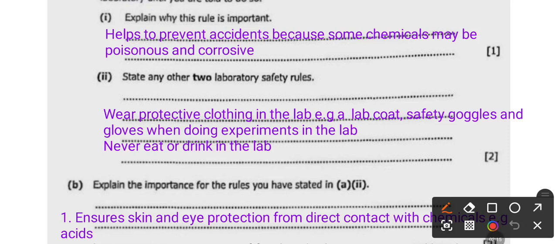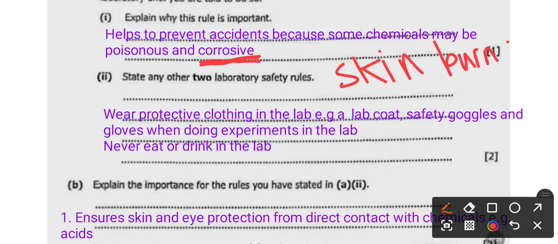Remember, I said that chemicals such as acids are corrosive in nature, and because they are corrosive, they can cause hazardous effects such as skin burns. However, if you wear protective clothing whilst performing your experiments in the laboratory, you are prevented from getting skin burns. That's the reason why this rule is important.